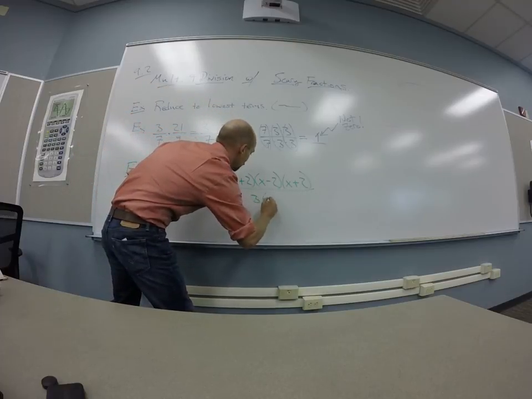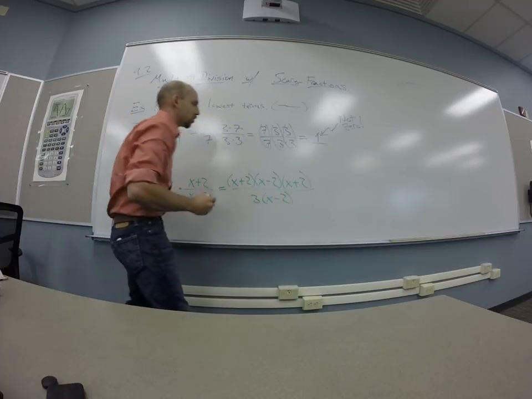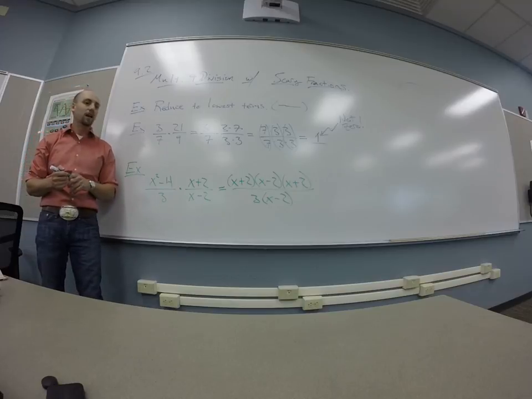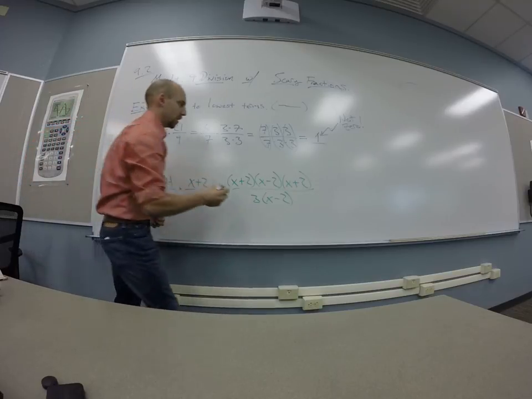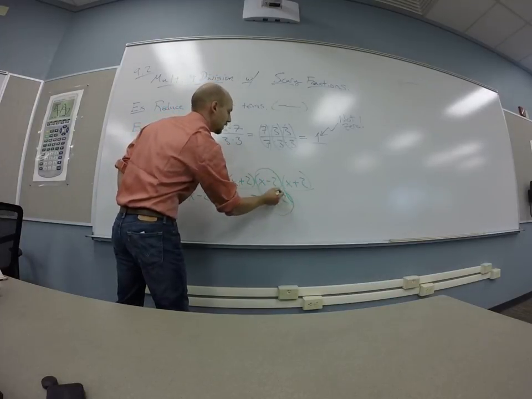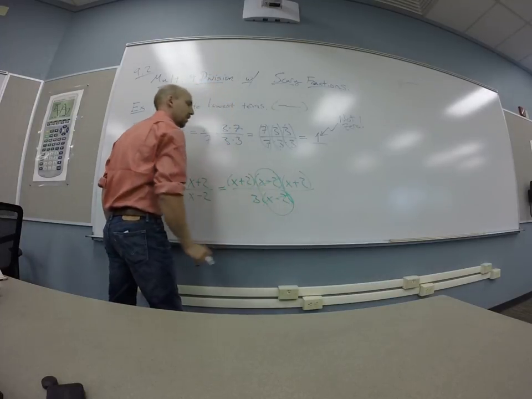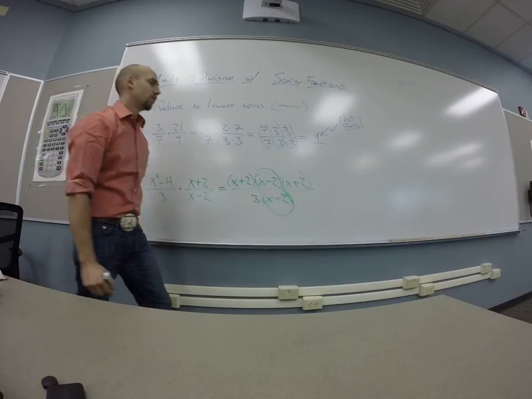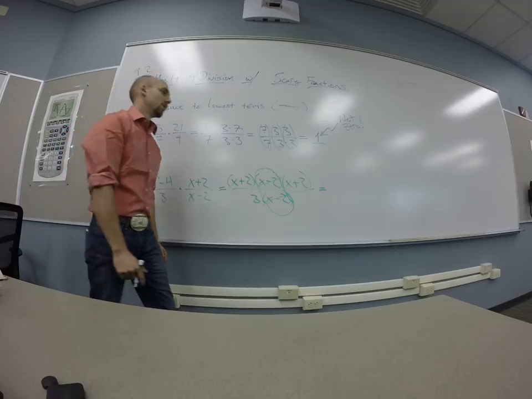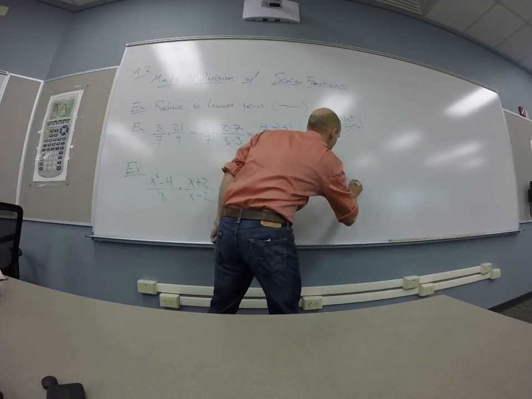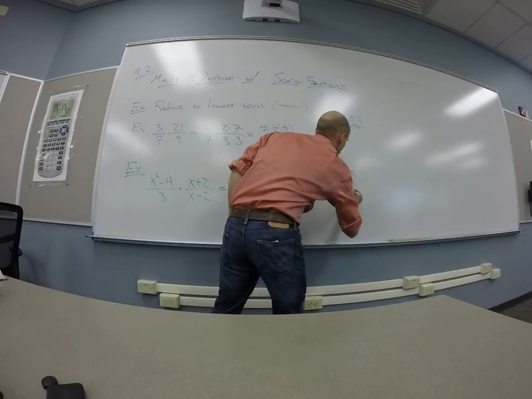Make sure you're getting both pieces, right? Don't lose track of one of the bottoms. All right, now, is there a onesie there? Yeah. That guy's a onesie, right? So I cancel those. And what am I left with here? I'm left with the quantity x plus 2 squared over 3.